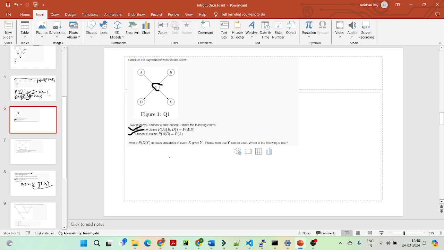This is how I explained it in the previous problem solving session. In the previous problem solving session, I have explained this. Yes, sir. So they have explained that since there is an undirected path from A to B via C, so it is false.